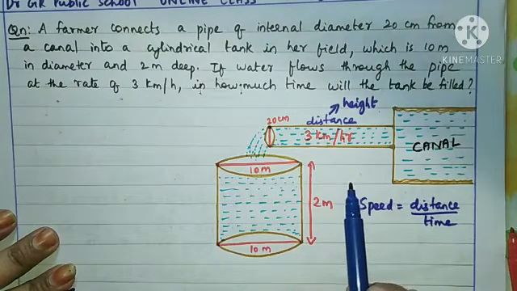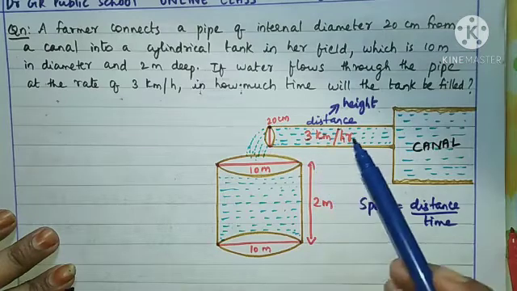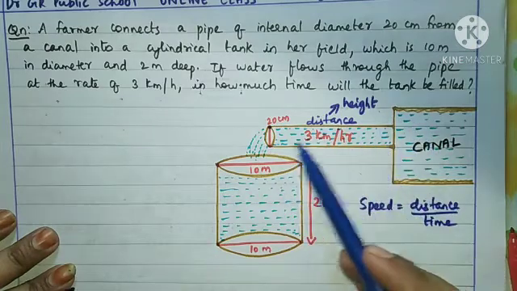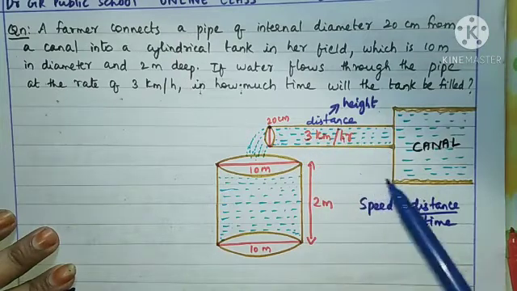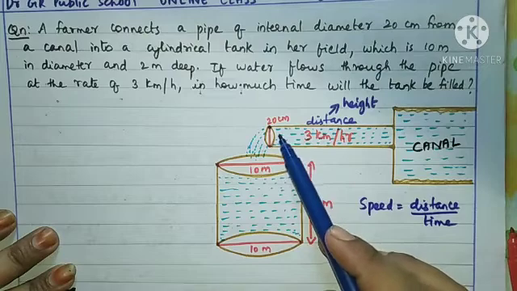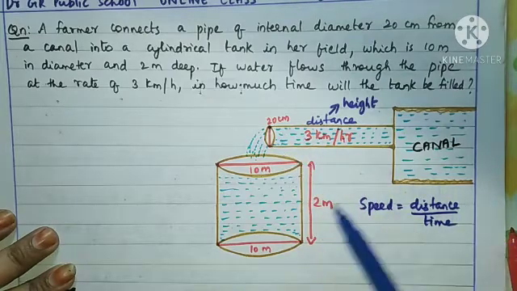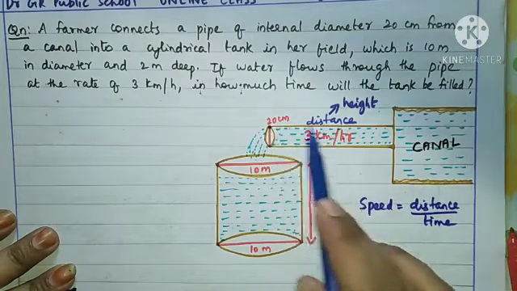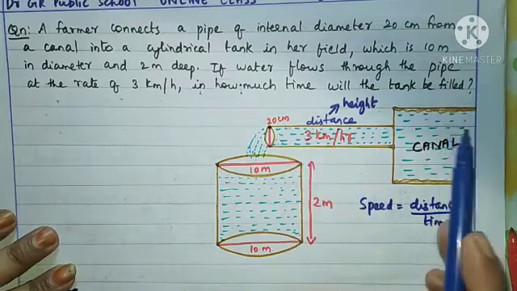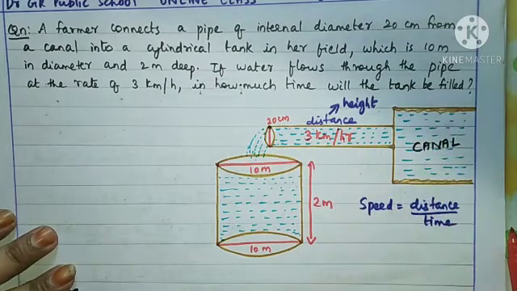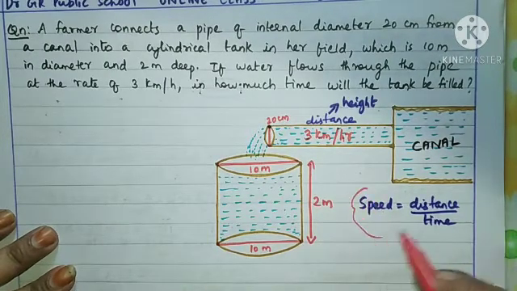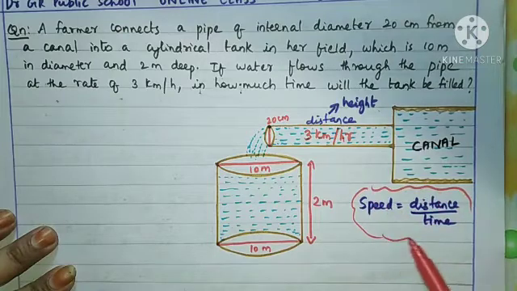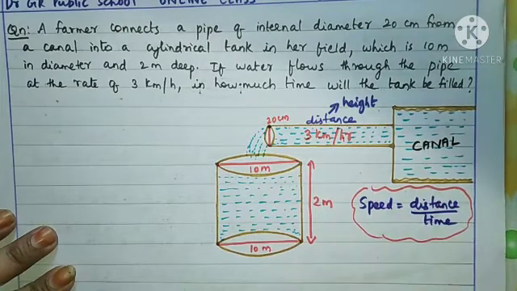Now one thing you want to note that here all the units, all the dimensions are given in centimeters, in meters, except this two. So you want to convert this also into meters when you do the calculation. Okay, so speed is equal to distance by time. This is the conversion you want to apply in this type of problems.